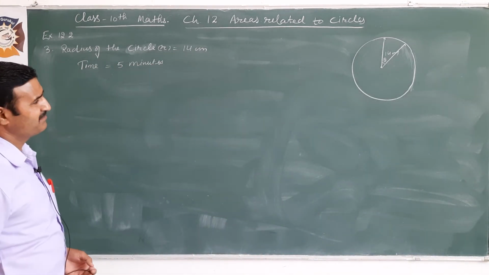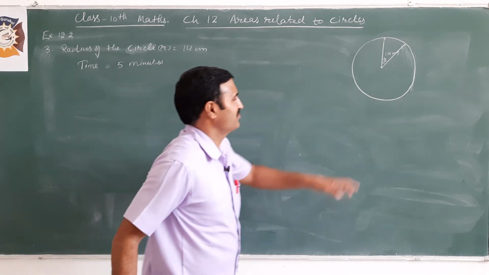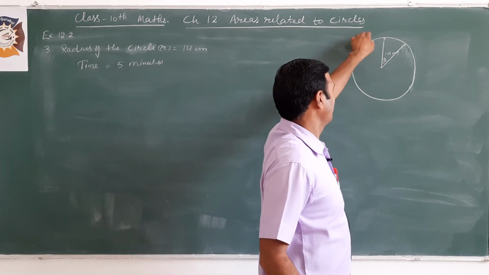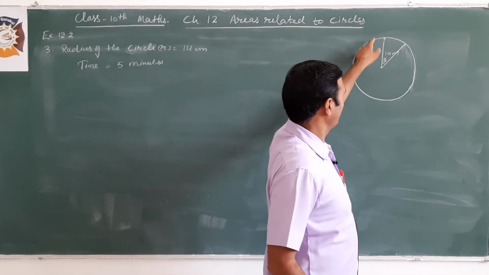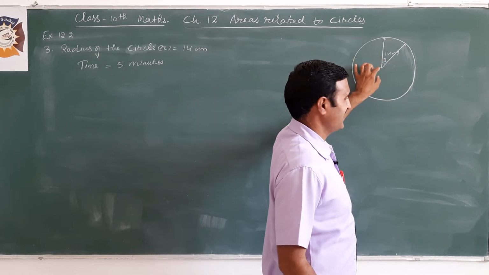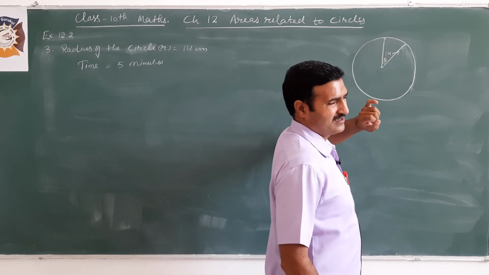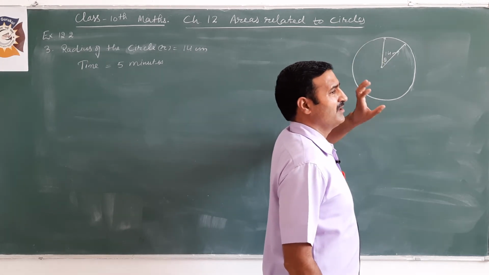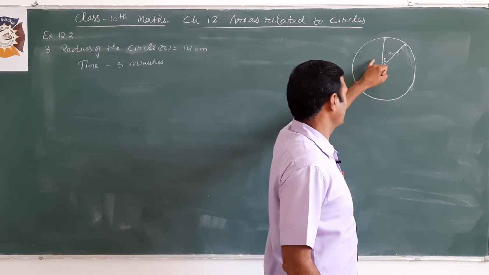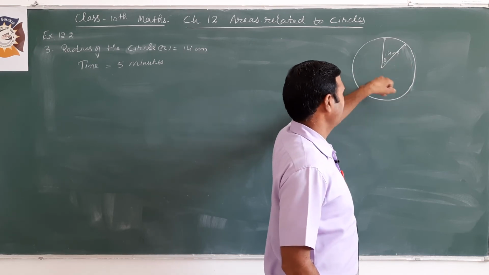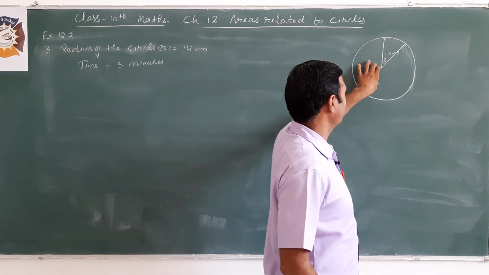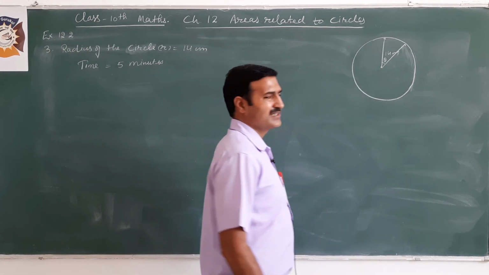Angle made by the minute hand in one complete round is 360 degree. एक पूरा राउंड करेगी तो कितना एंगल बनाएगी सेंटर पर 360, and the time taken by the minute hand to complete the round is 60 minutes. 60 मिनट में एक पूरा चक्कर लगाती है, तो 60 मिनट में 360 डिग्री एंगल बनाती है.